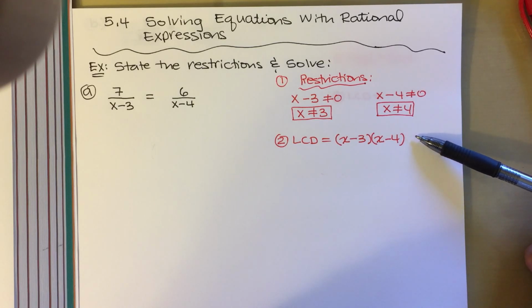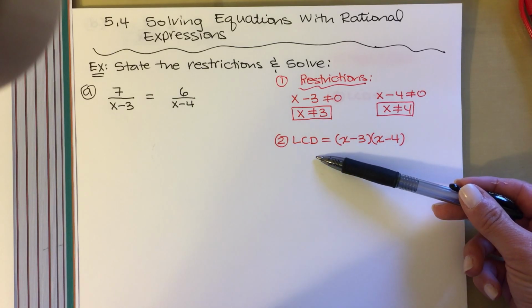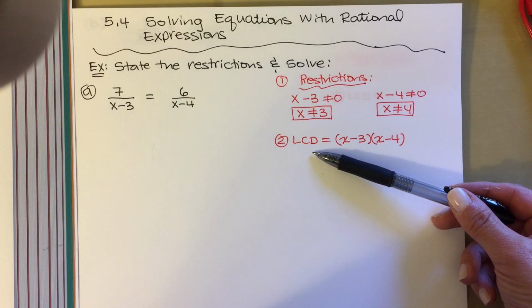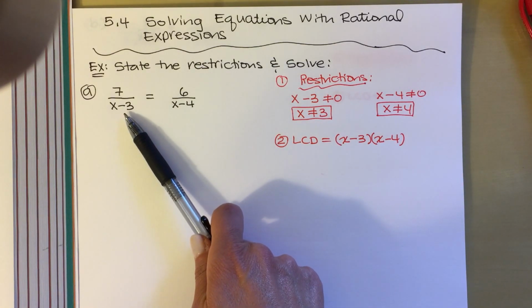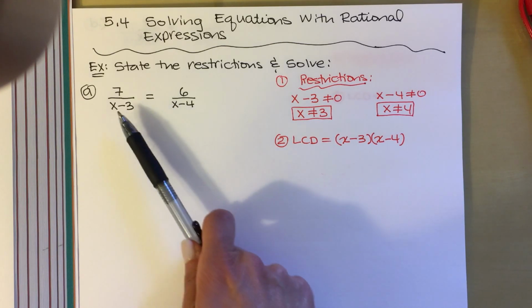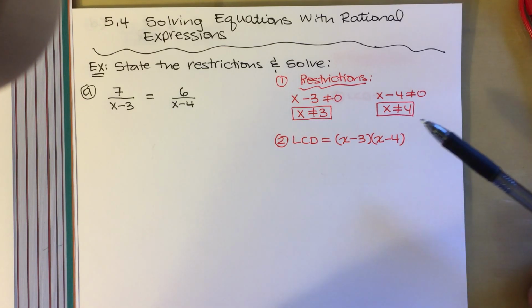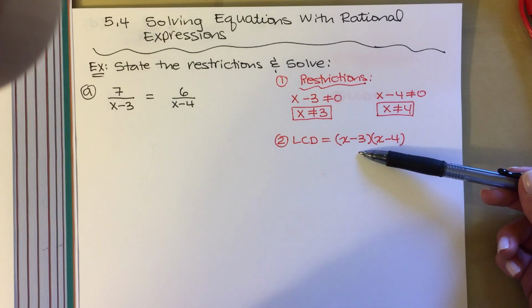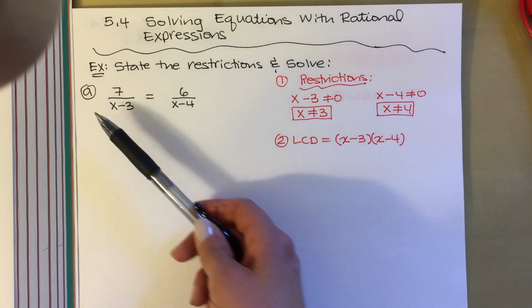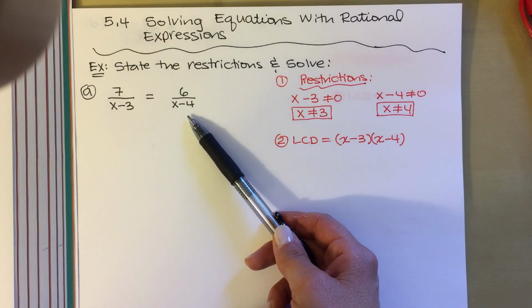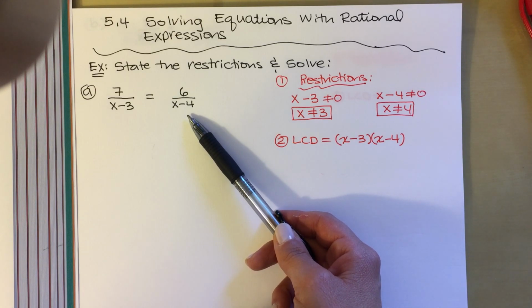The second step is to find your least common denominator, and in this case, we just find the product of these two denominators, and so our LCD is x minus 3 times x minus 4. We are going to multiply both sides of this equation by the LCD to eliminate fractions.